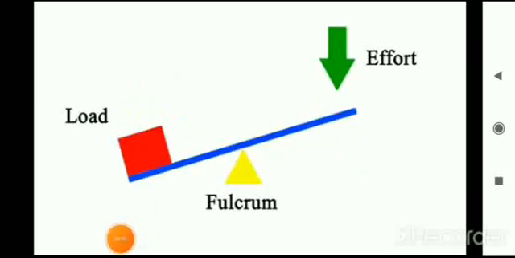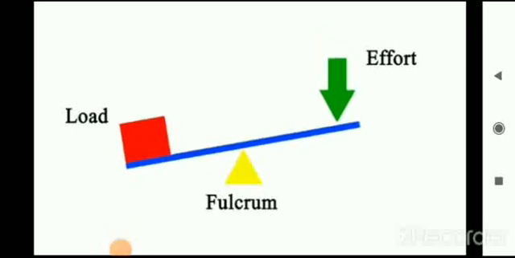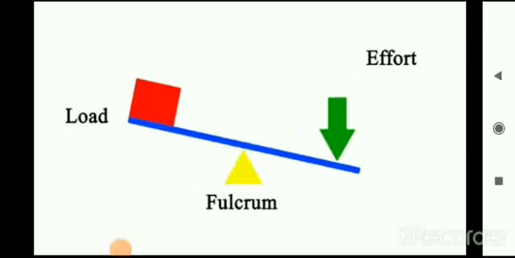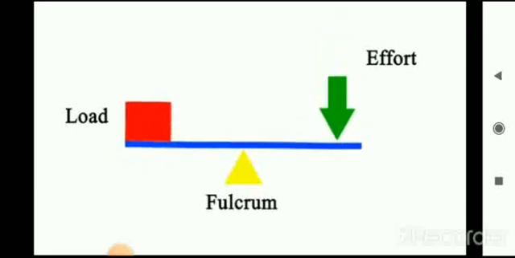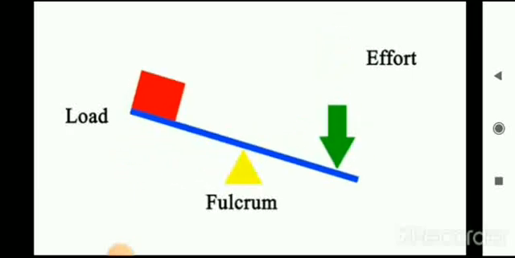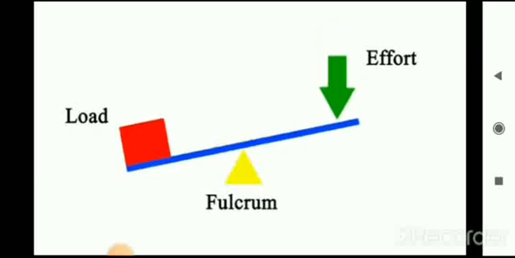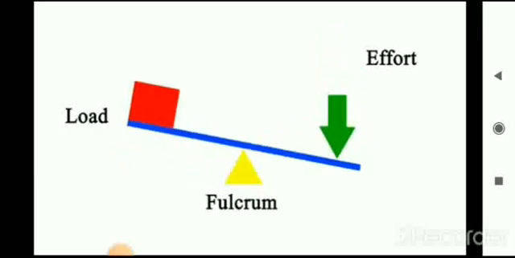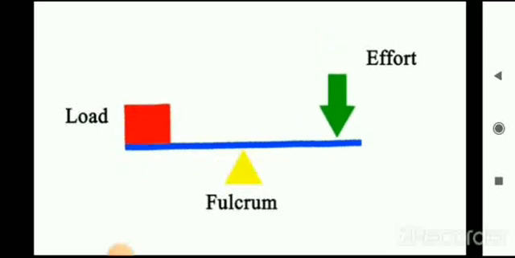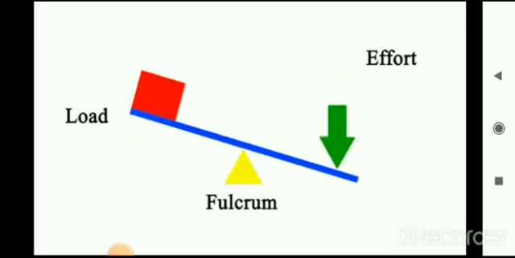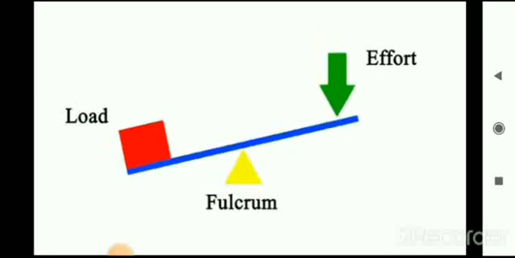Understood this concept? Fulcrum is what? Fulcrum is the fixed point on which lever moves, right? On one end there is effort, where we apply effort, and on the other end there is load. And when we apply effort, then the load starts moving, right?